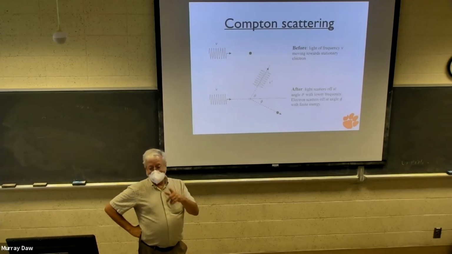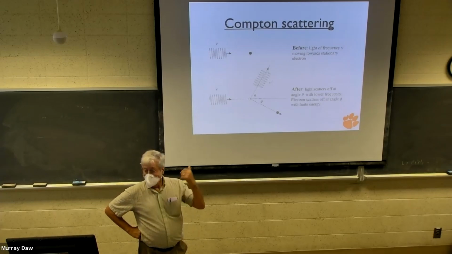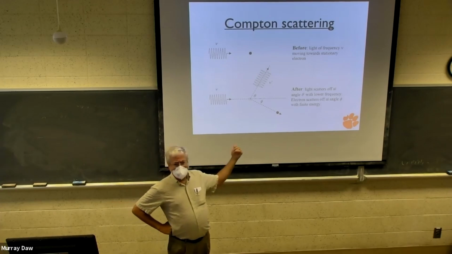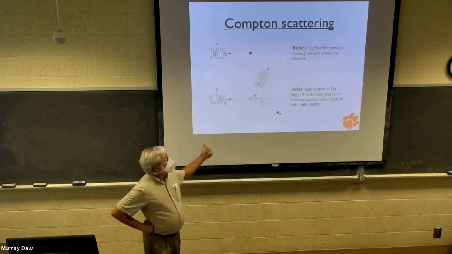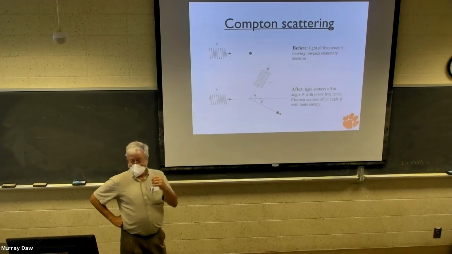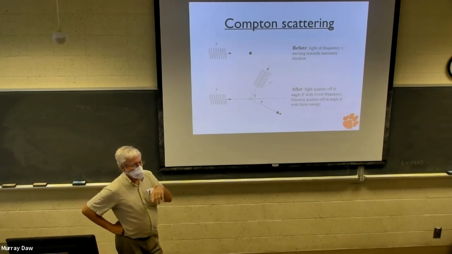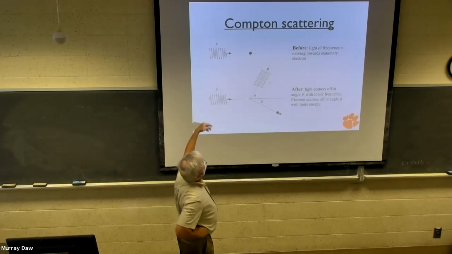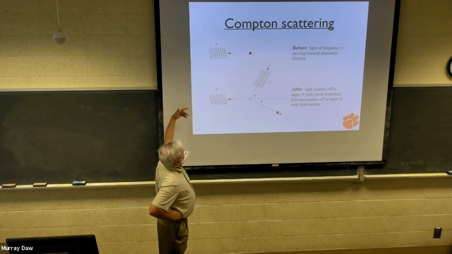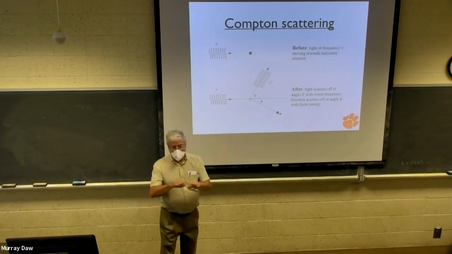The real proof for the quantization of light did not come until like 1926. The Compton scattering experiment, where Compton, I guess this was in California? I'm trying to remember where Compton was. Anyway, an American scientist who scattered light off an electron.